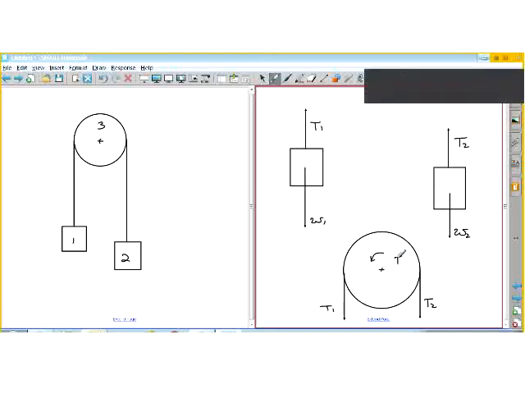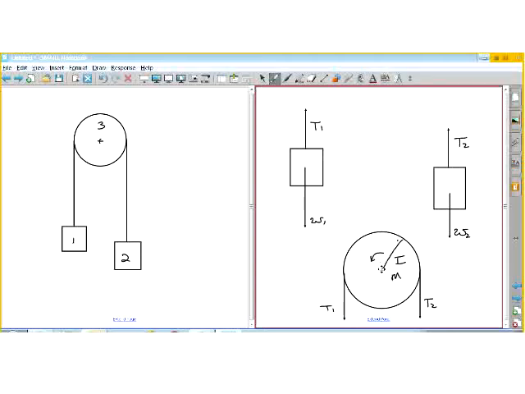So you have the sum of the forces in these ones, and you have the sum of the torques here. This has a moment of inertia, I. It also has a mass m, which is used to calculate the moment of inertia, and this has a radius, we'll use capital R, and you use the mass and the radius to calculate the moment of inertia.